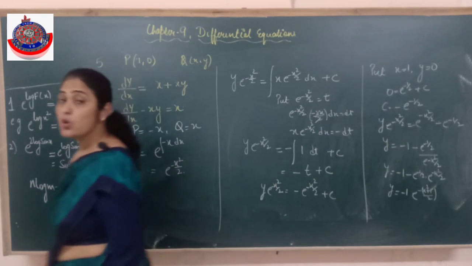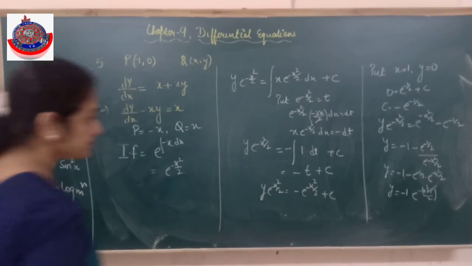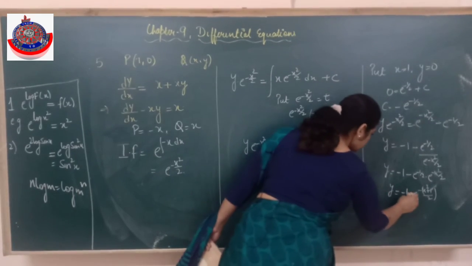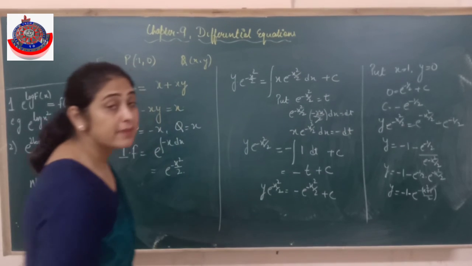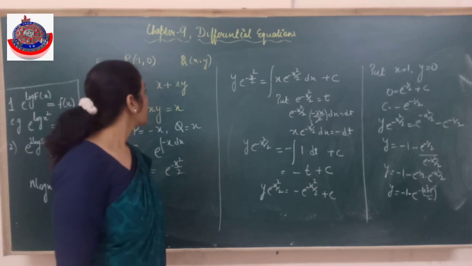Y is equals to minus 1 minus e raised to power minus x square by 2. Is it clear? So we can do this. Alright. X was 0 and 1, so whatever we have taken. Clear? I hope it's clear to everyone.